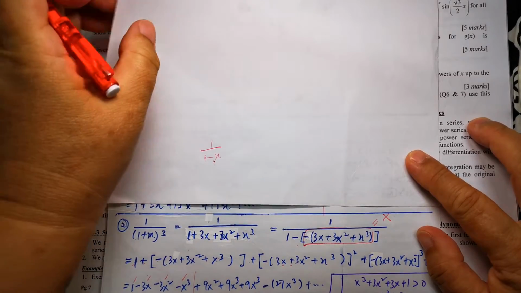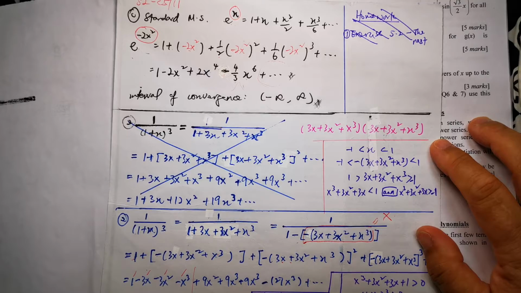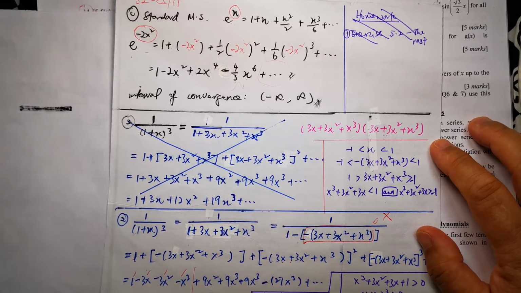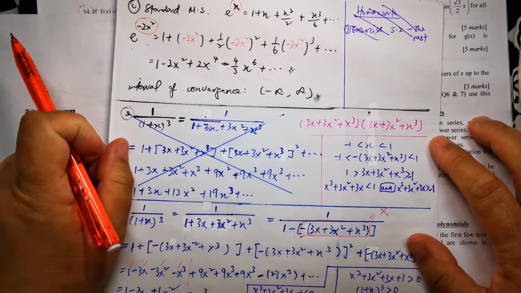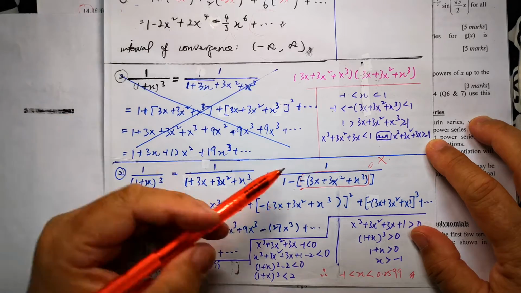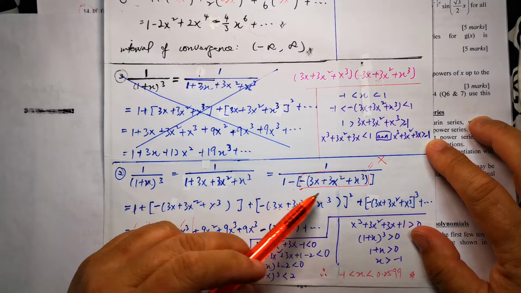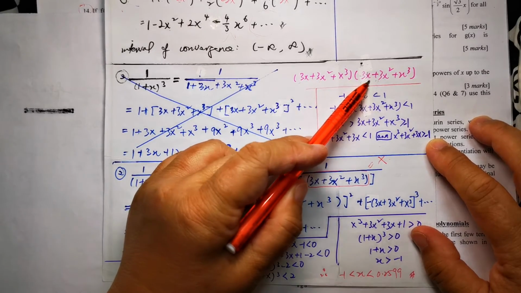I show it here to expand this one. To expand this second one, negative of this whole thing and square. Square means this one multiply this one, right?